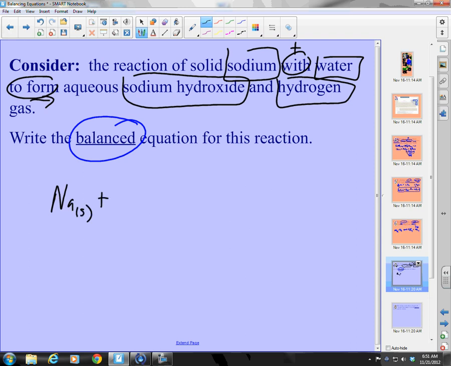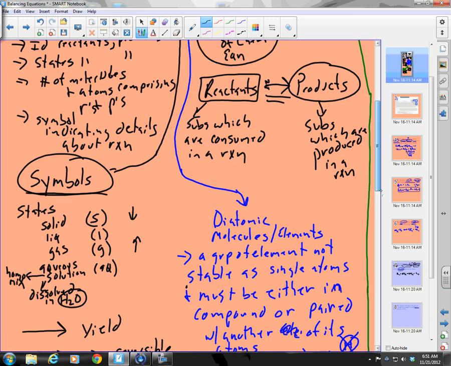How do I write water? H2O. Although I'm going to start writing water this way, and you'll see why in just a little while. Liquid yields aqueous sodium hydroxide, NaOH, aqueous, plus hydrogen gas, H2. Good. All right. So we've done all that, and we're experts at that really by now.